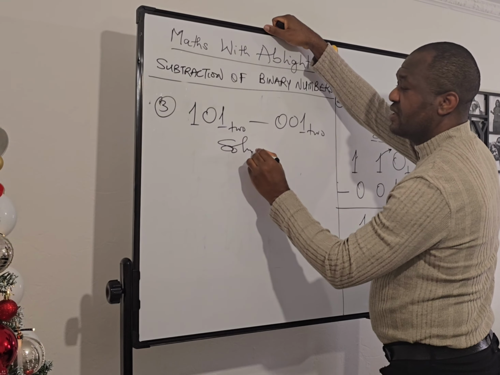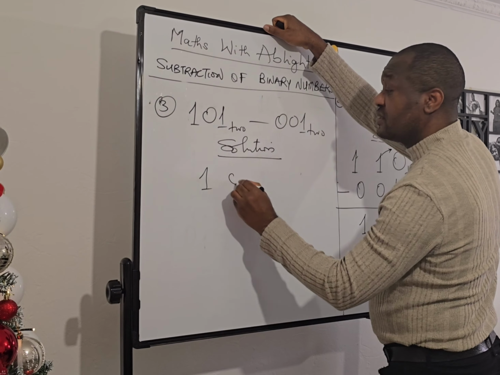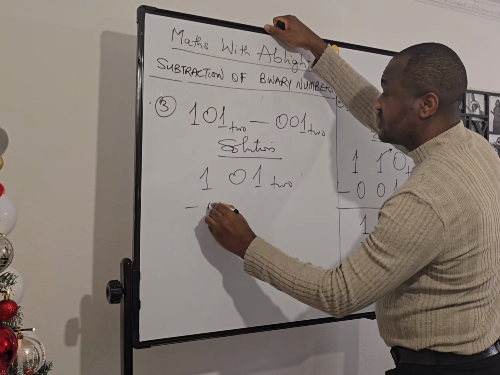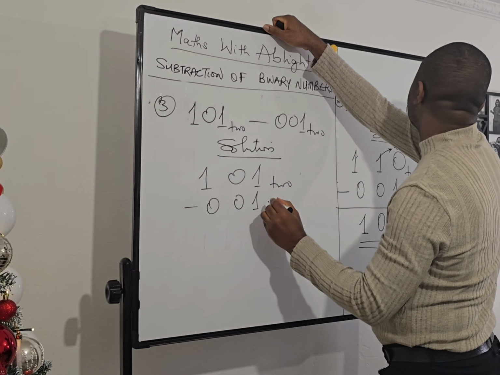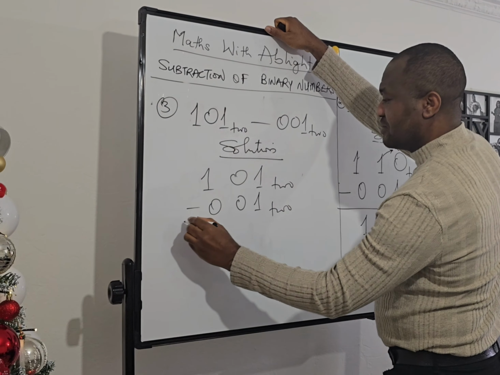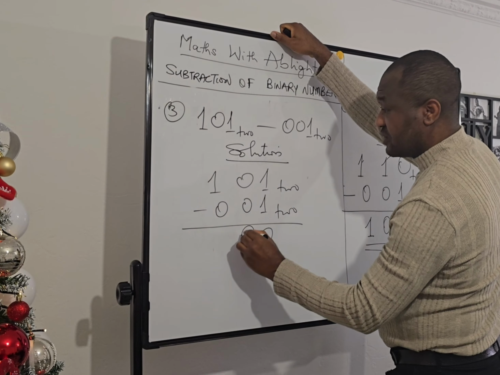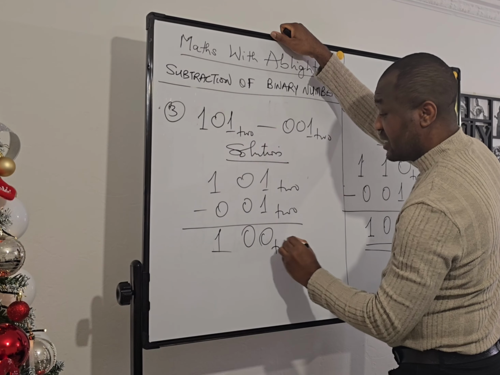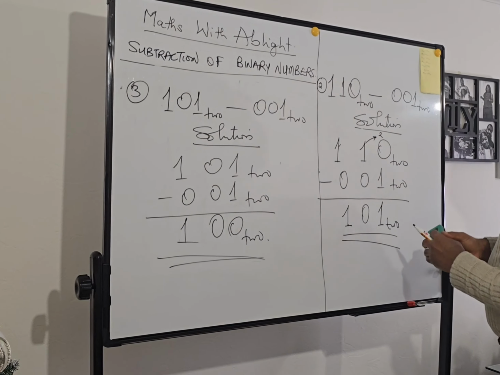Solution here shown. 1, 0, 1 base 2 minus 0, 0, 1 base 2. Oh, this one is as easy as maybe the first one. 1 minus 1 is 0, 0 minus 0 is 0, 1 minus 0 is 1 in base 2. And that is your answer.